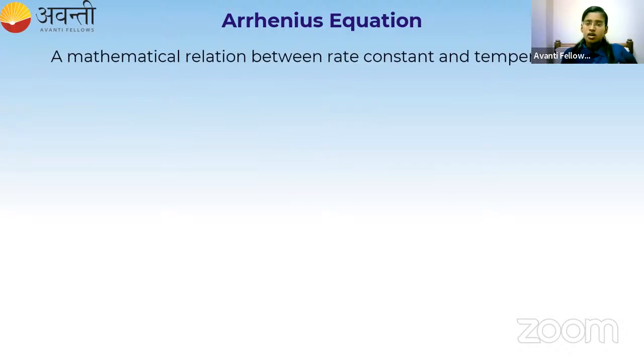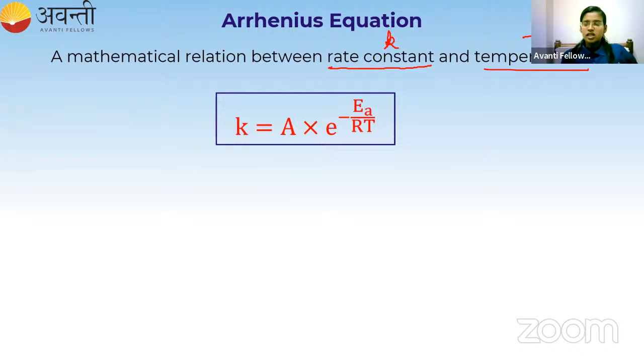In this equation, we will have the mathematical relation between the rate constant and the temperature. What is the rate constant? It is denoted by the letter K, and the temperature is denoted by the letter T. So K is equal to A into e power minus EA by RT. This is the Arrhenius equation.